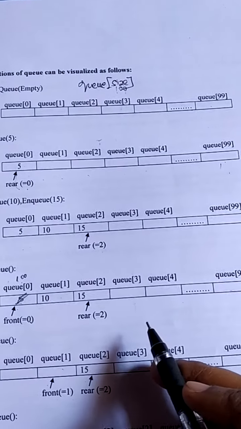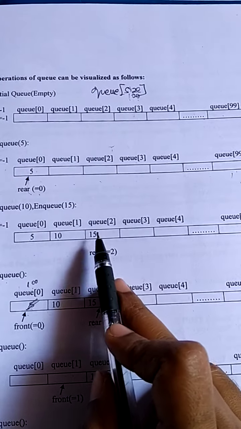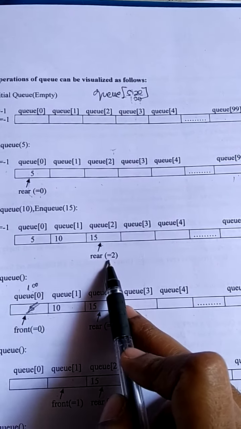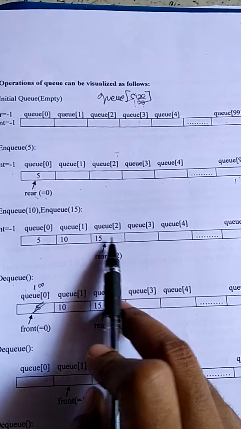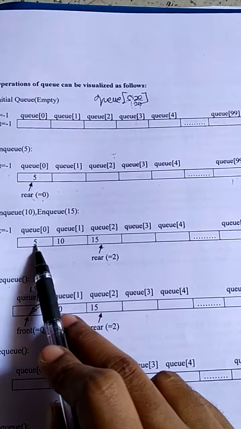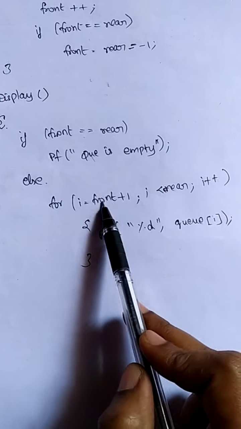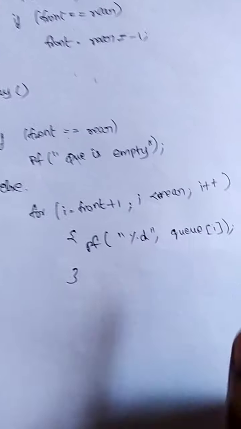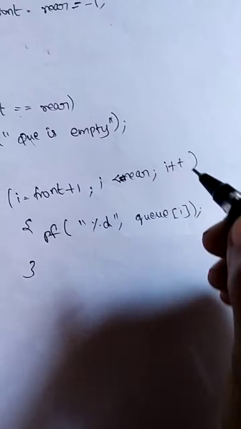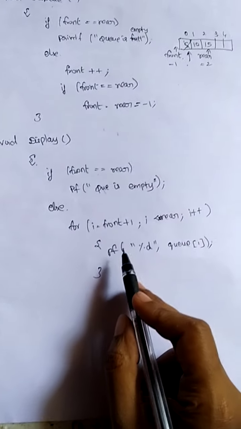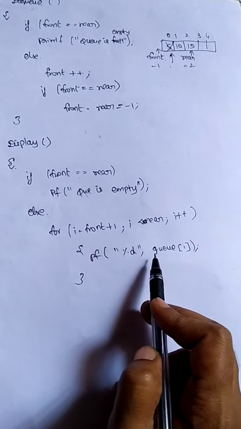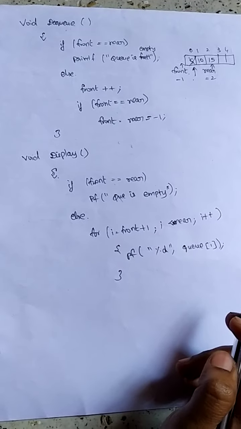So the rear value is 2, so the I value is between 0 and 2. So the loop runs for 0, 1 and 2. So it prints the 3 items: q of 0, q of 1, q of 2. Yes. So it starts from front plus 1 and ends at I less than or equal to rear, with I plus plus. So between those, it will be printing q of I. Okay. Thank you.